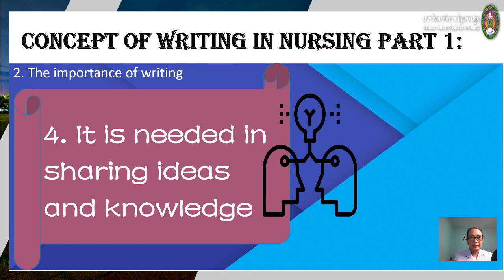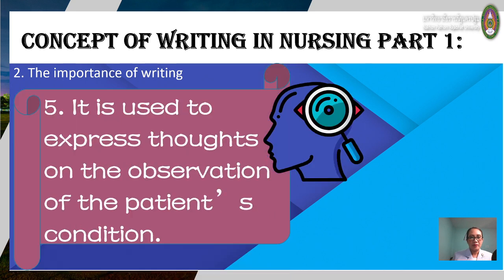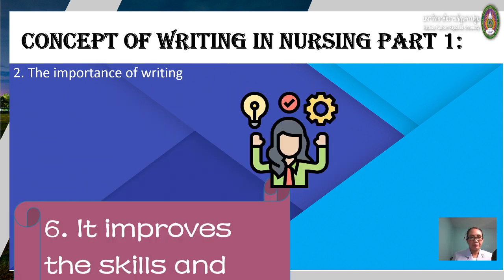Fourth, it is needed in sharing ideas and knowledge about your patients. Fifth, it is used to express thoughts on the observation of the patient's condition. Your patients could have mild problems to severe problems in the hospital.